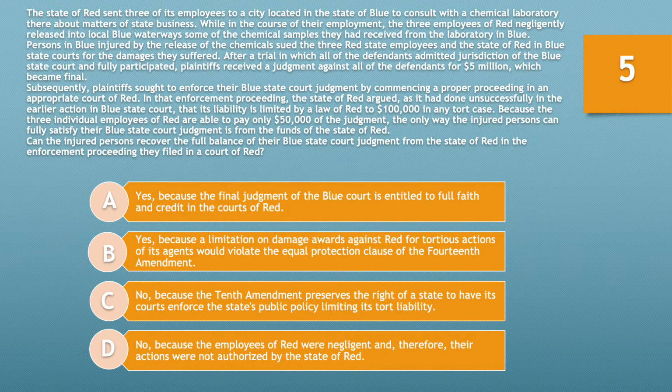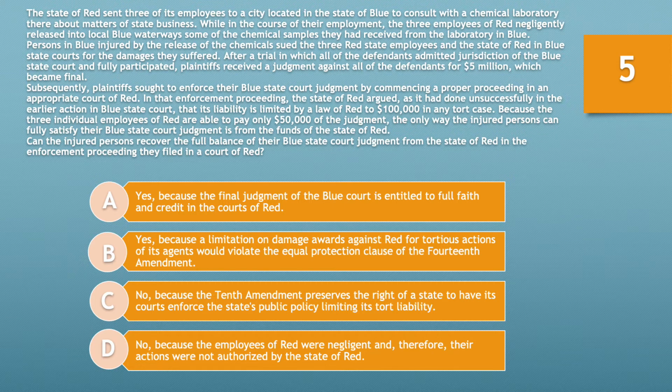Subsequently, plaintiffs sought to enforce their Blue State Court judgment by commencing a proper proceeding in an appropriate court of Red. In that enforcement proceeding, the state of Red argued, as it had done unsuccessfully in their earlier action in Blue State Court, that its liability is limited by a law of Red to $100,000 in any tort case.